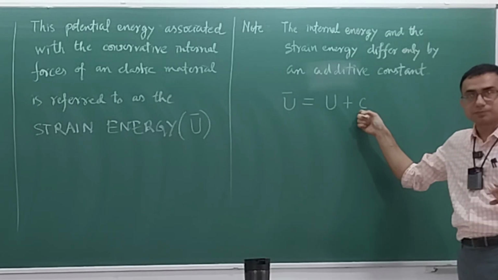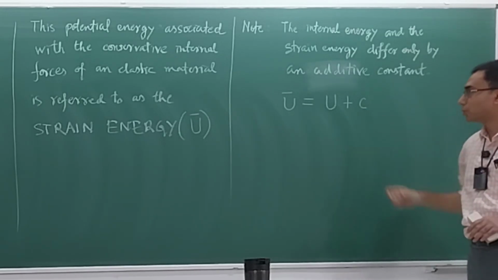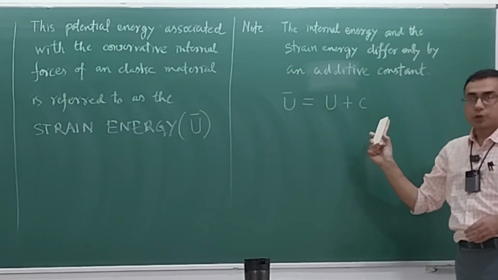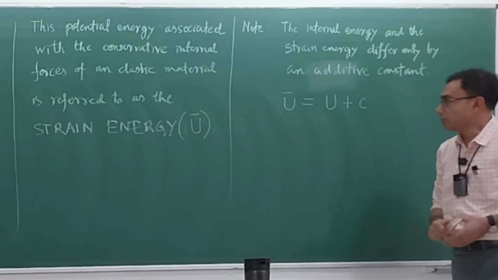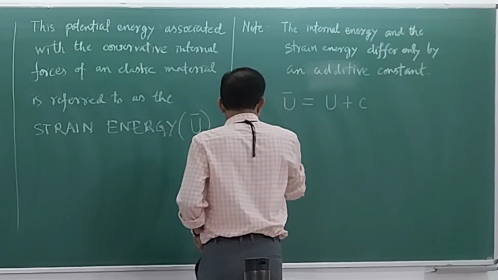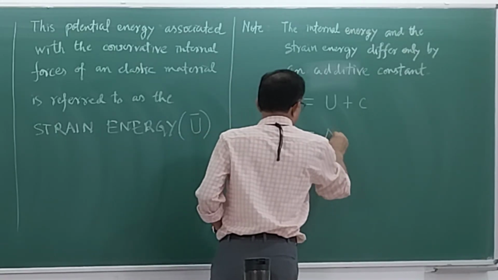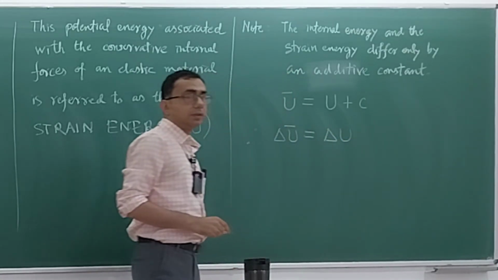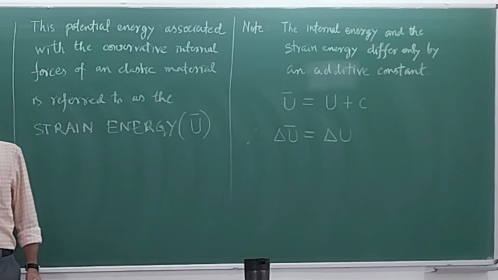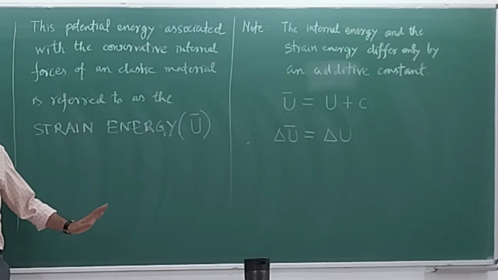We'll not discuss it. It is a choice. Please accept it on good faith. So U bar is equal to U plus C. If that is so, then is it not true that this must be true?